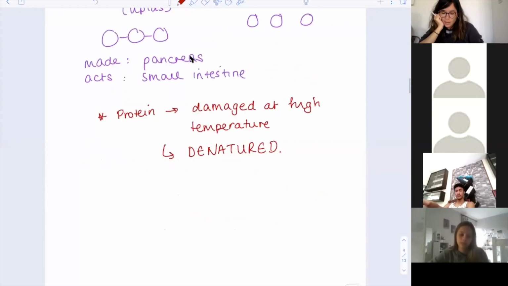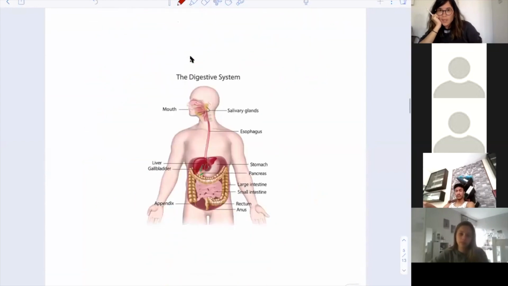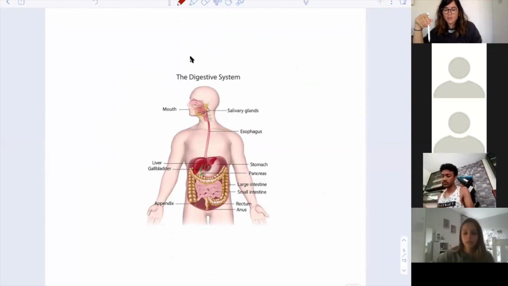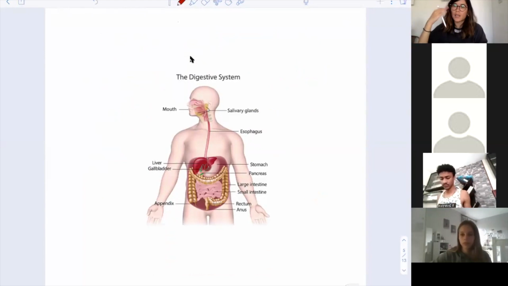Okay, perfect. So here we have a diagram of the digestive system, and it's quite important that you guys are aware of what goes on in each part of it. So starting with the mouth, obviously that's where we take in our food. This is known as ingestion. And what's actually going to take place in the mouth?